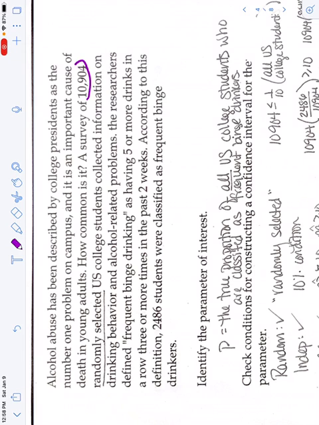So here is my sample size, and here are my successes. So the first thing I'm going to do, guys, before you do anything, is define your parameter of interest. And my parameter here is P. It's either going to be P or mu. Those are your two parameters. So P for this problem, and I'm going to highlight, everything is important.